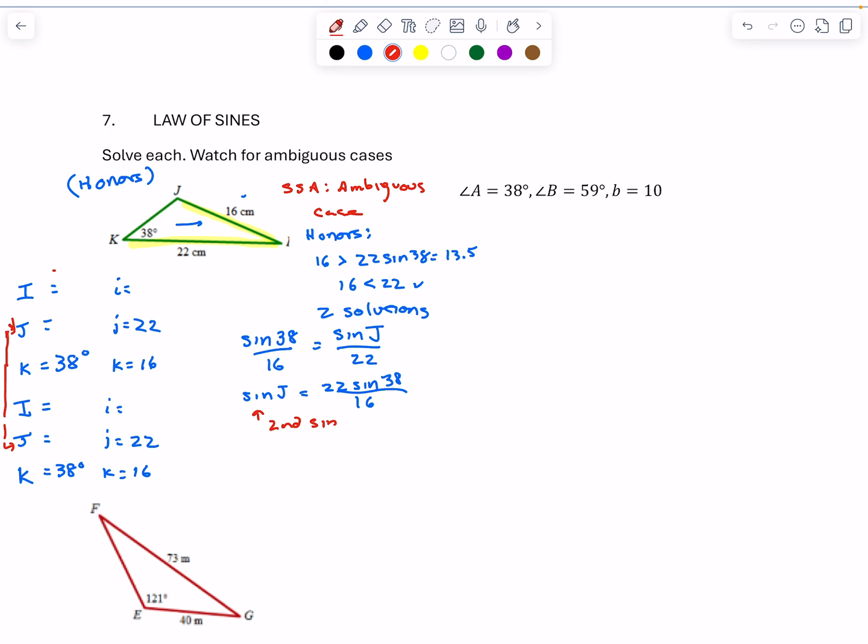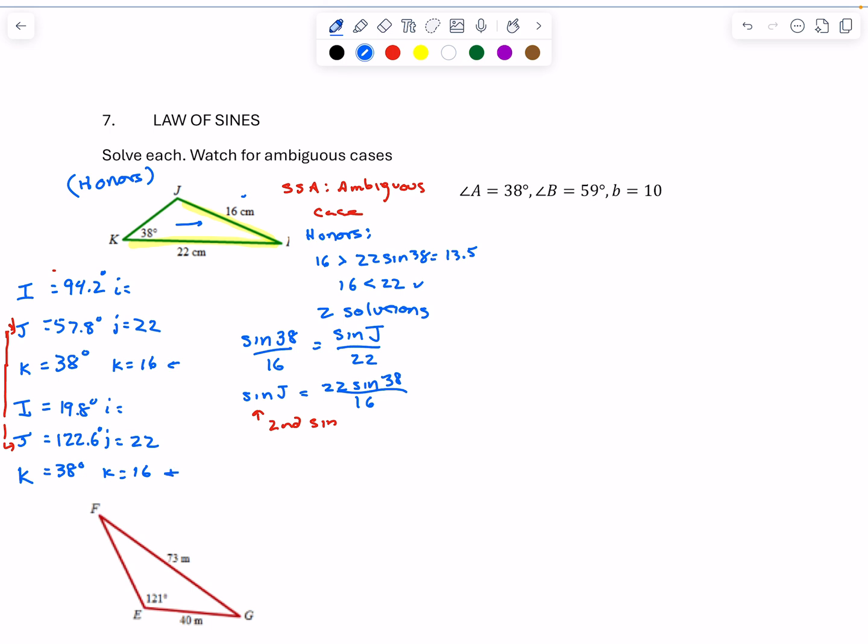Let's see, what do we have then? I got 57.8 degrees. So this is 122.6 degrees. Then the next step is to find the third angle. And set up two sets of law of sines. I'm going to use the K proportion anyways.